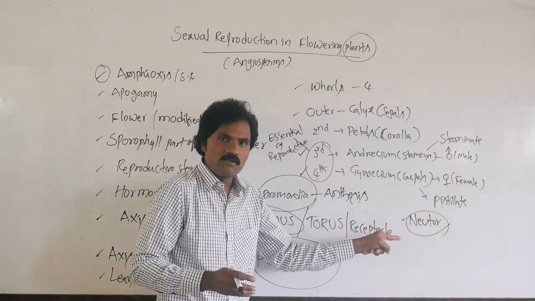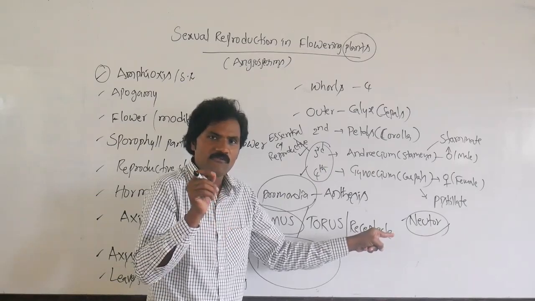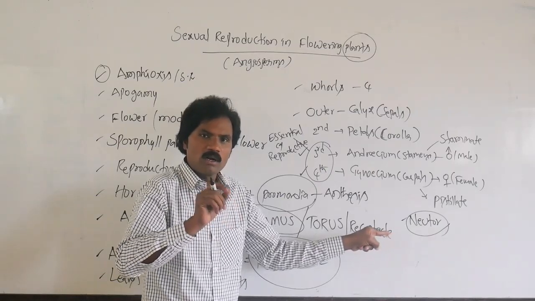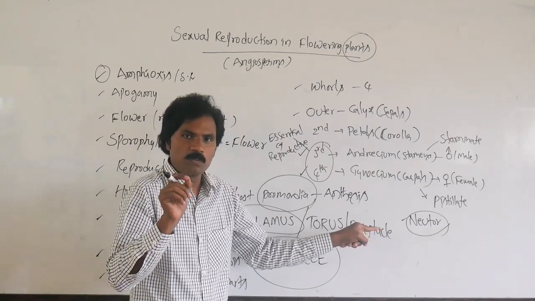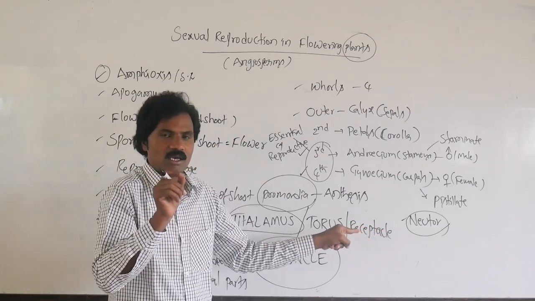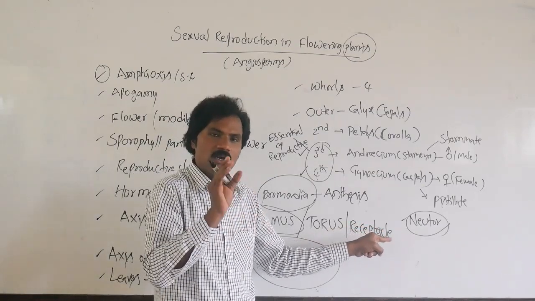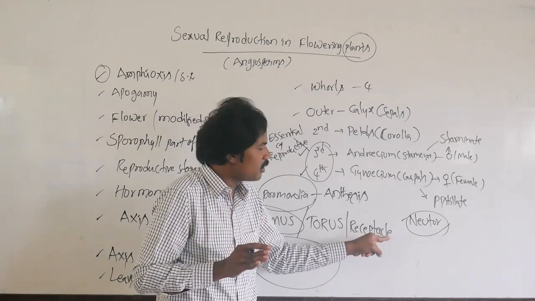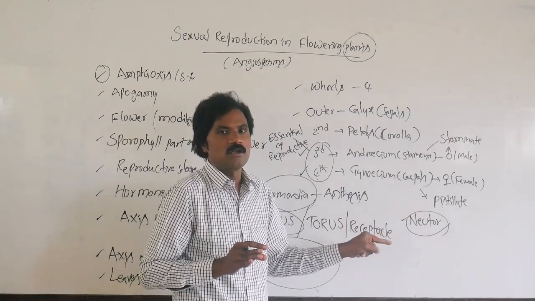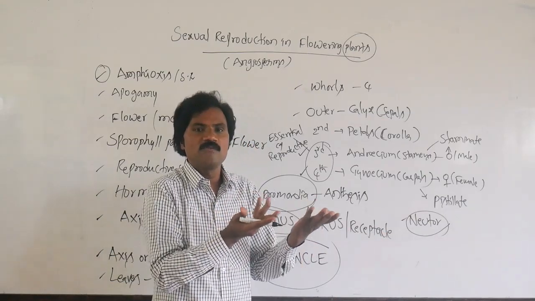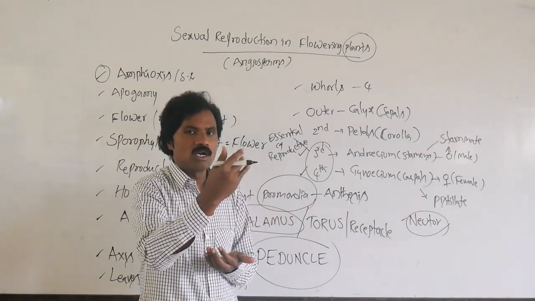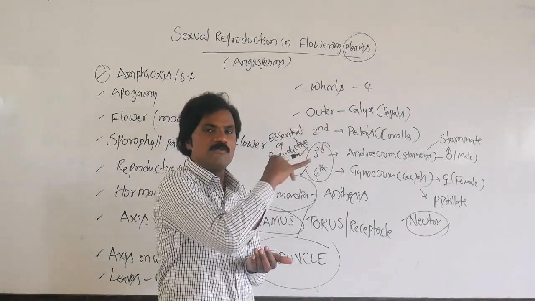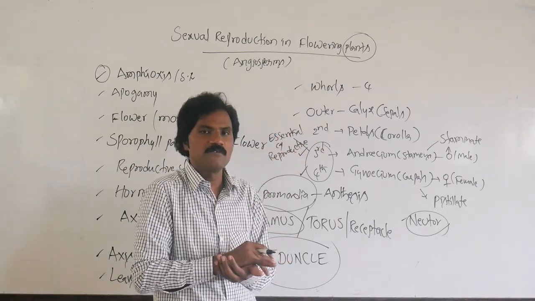What is a neutral flower? Neither male nor female, so no essential reproductive parts are present. In that condition, further growth and development, pollination, and formation of fruits and seeds are not possible.